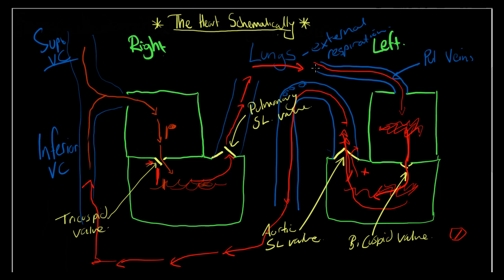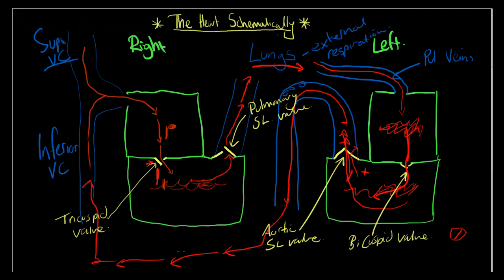It then transfers across through our pulmonary vein into our left atrium. The left atrium will contract, pushing as much blood as it can into the left ventricle. The left ventricle will then contract, pushing as much blood as it can into our aorta. And then we have the repeat. So we have it go back through.